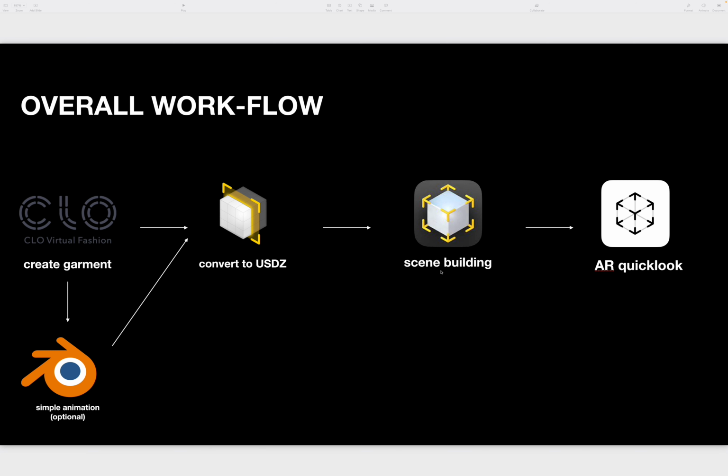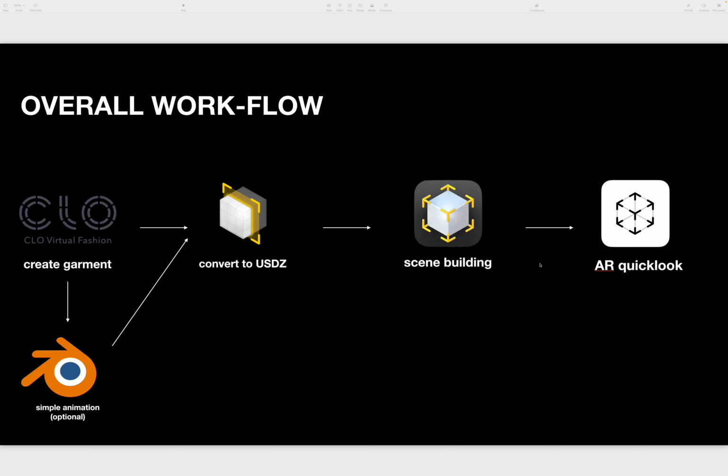Unfortunately, Reality Converter is only available on Mac because it's Apple software. So if you have a Mac, or if your friends have a Mac, you can always send your file to your friends, or send your file to the Reality Converter and convert your GLB file into USDZ. And then once you have the USDZ file, AR file ready, we can start to work on scene building.